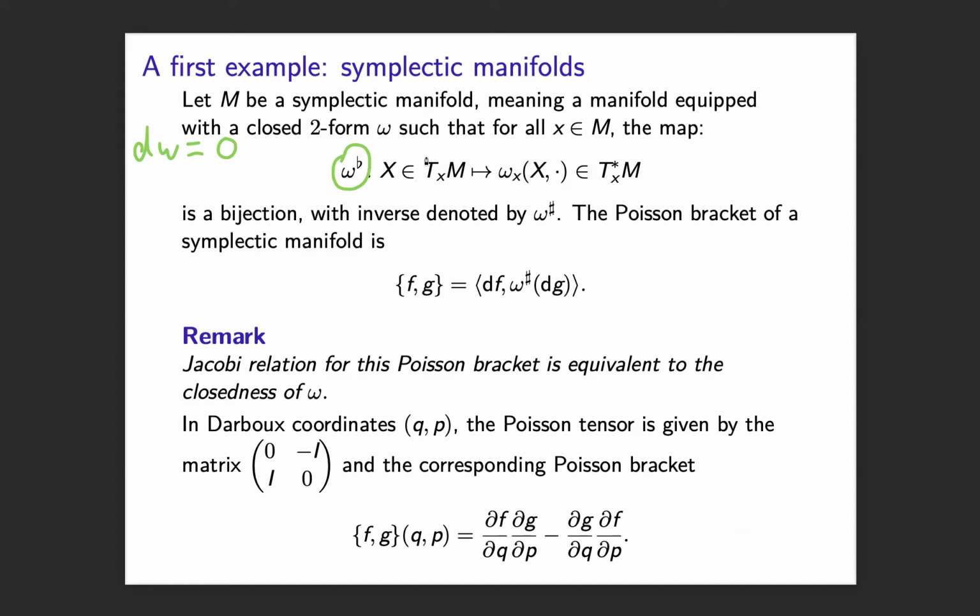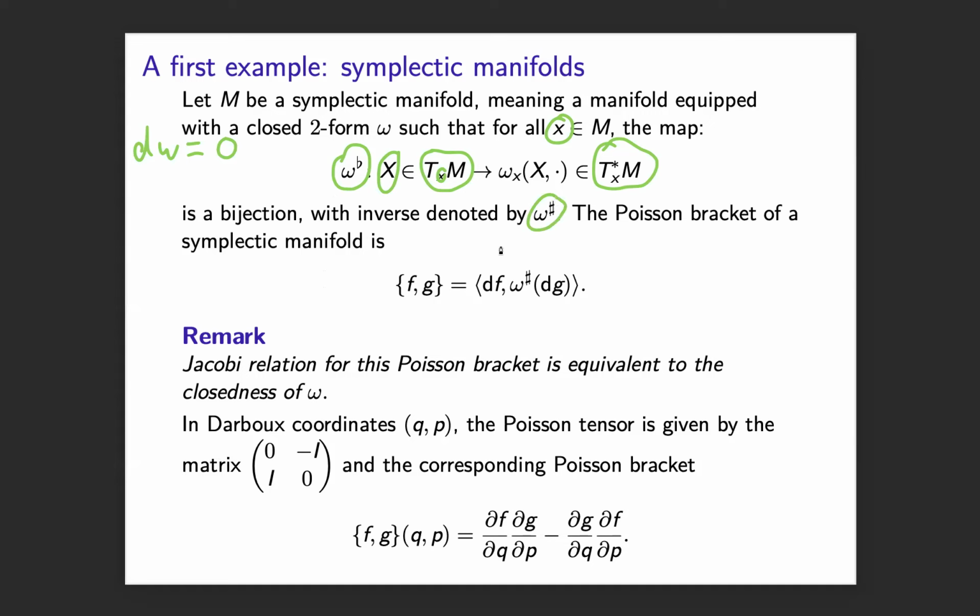Here, T_xM is the tangent space of M at small x, and T*_xM is the cotangent space of M at small x. So don't mistake the big X, which is a tangent vector, with the small x, which is a base point. So we assume it is a bijection. Therefore, we can invert it, and the inverse is denoted by omega sharp.